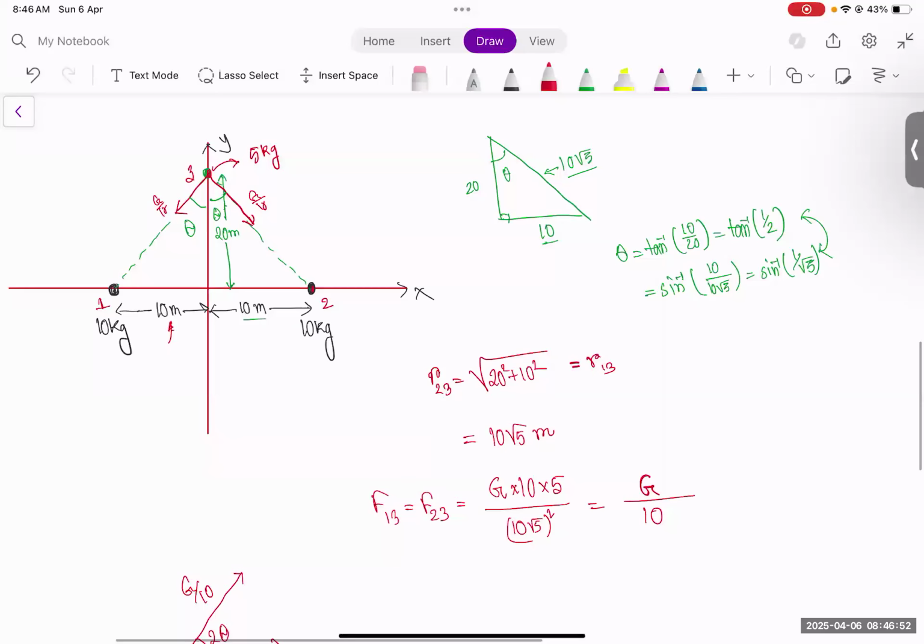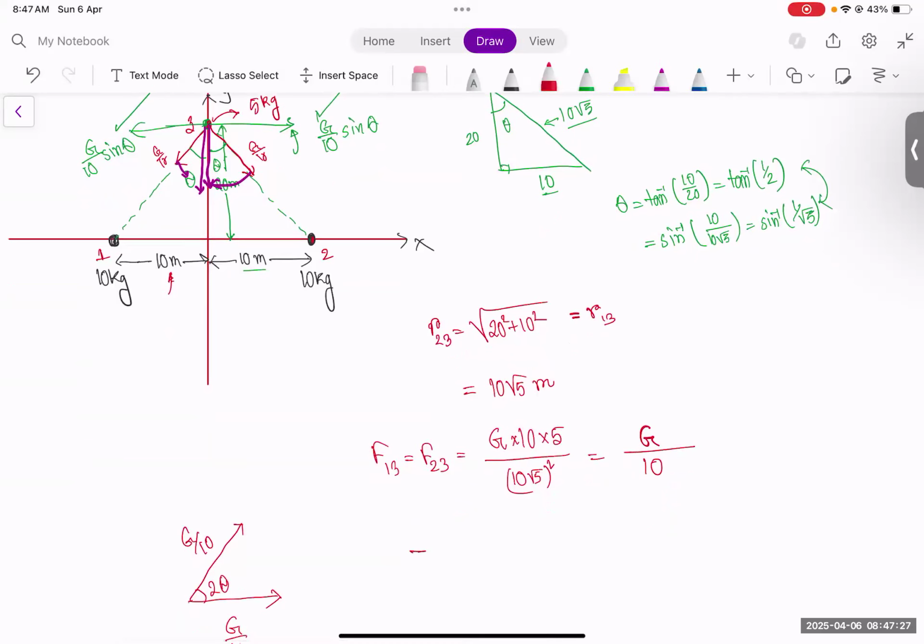You can clearly see here that if I take a component along this direction, both will cancel out, because the component along this direction is G over 10, the value of the force, times sin theta, which is pointing to the right. And the component along this direction is the same, G over 10 sin theta, but it's pointing to the left. So this and this cancel out. But the vertical components add up. This vertical component is here, and this one's vertical component is in the same direction. So those two just add up.